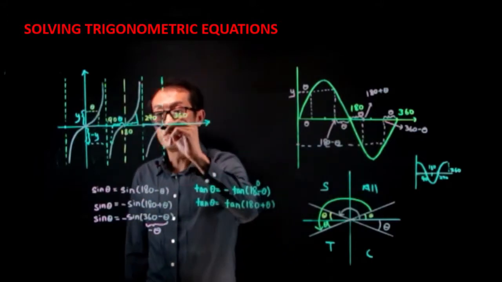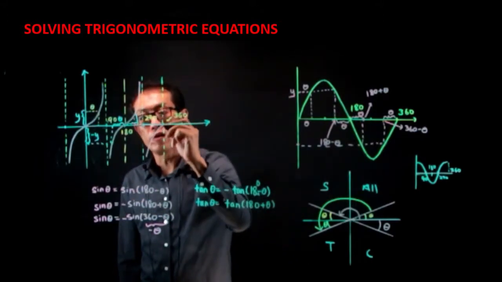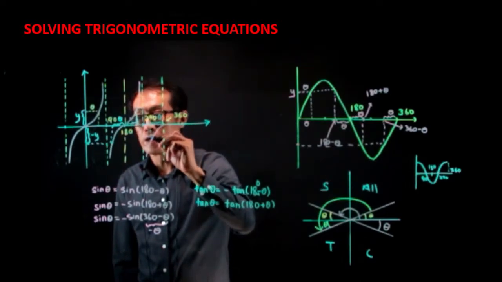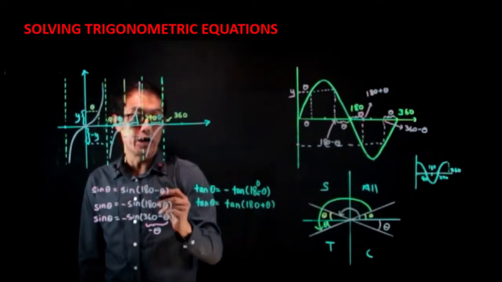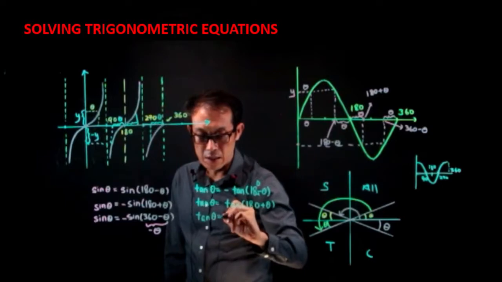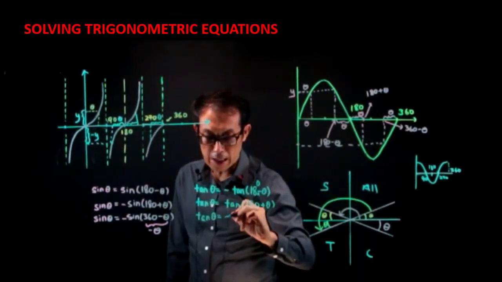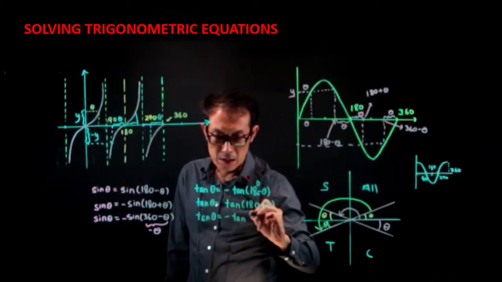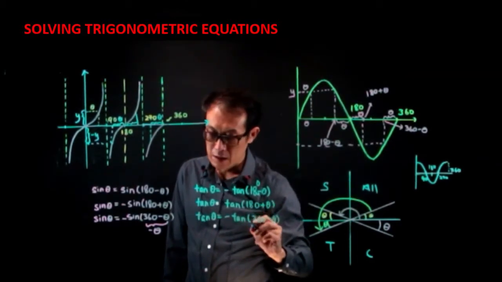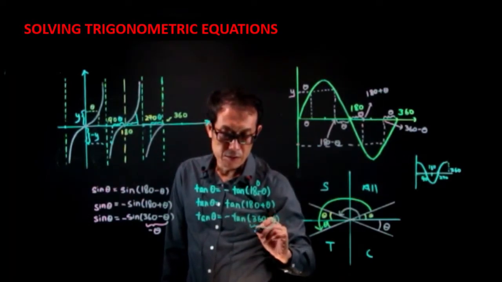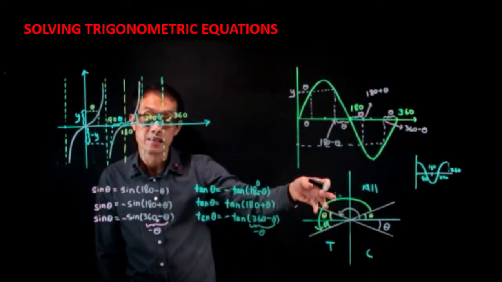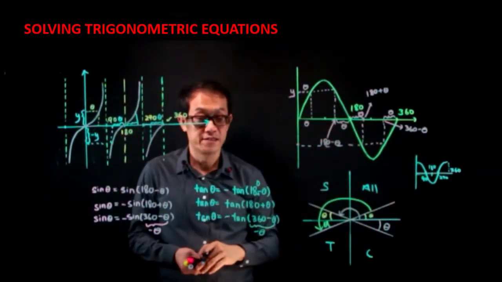Then if you move theta to the left of 360, let's say this is theta, you have the same y, so you will find that tangent theta is equal to minus tangent 360 minus theta. This is sometimes read as minus theta if you measure the angle in the clockwise direction.